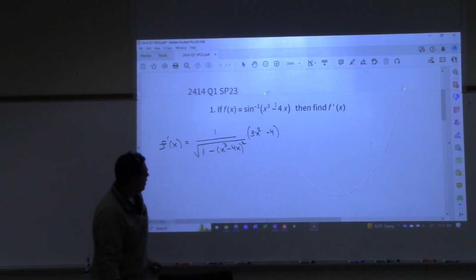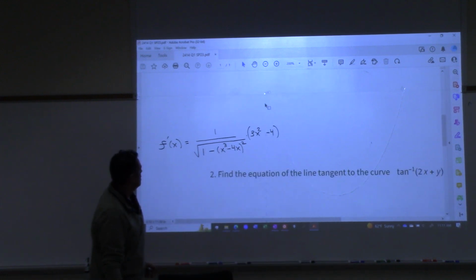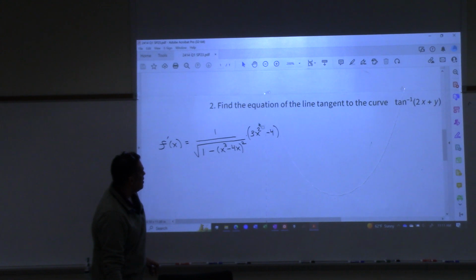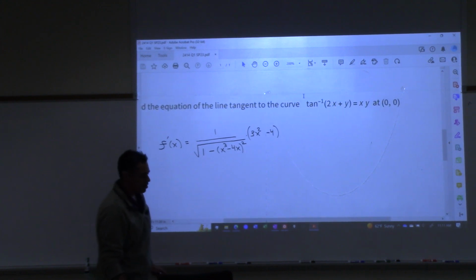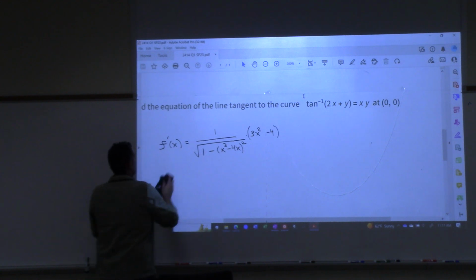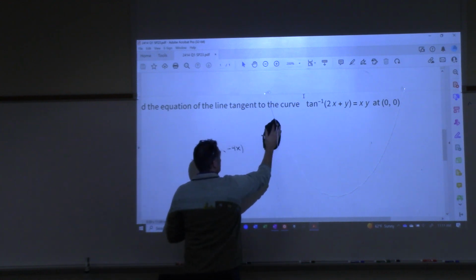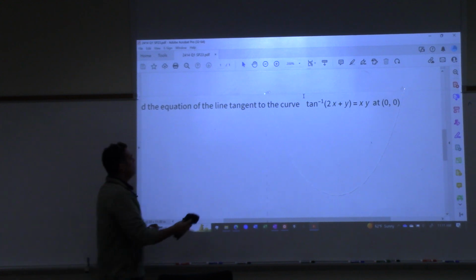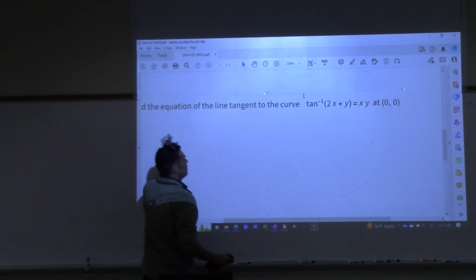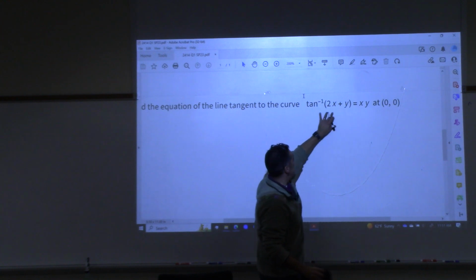All right, that's the first one. The second one is to find the equation of the tangent line to this curve at this point. For that we have to do implicit differentiation. There are some problems on your homework like that. So first take the derivative implicitly.